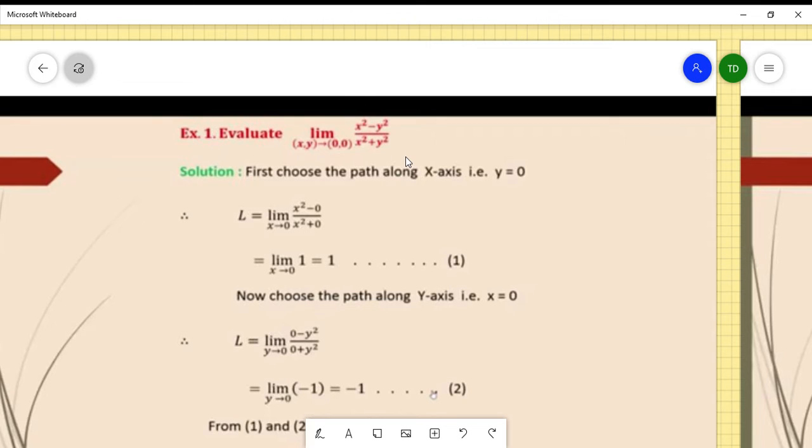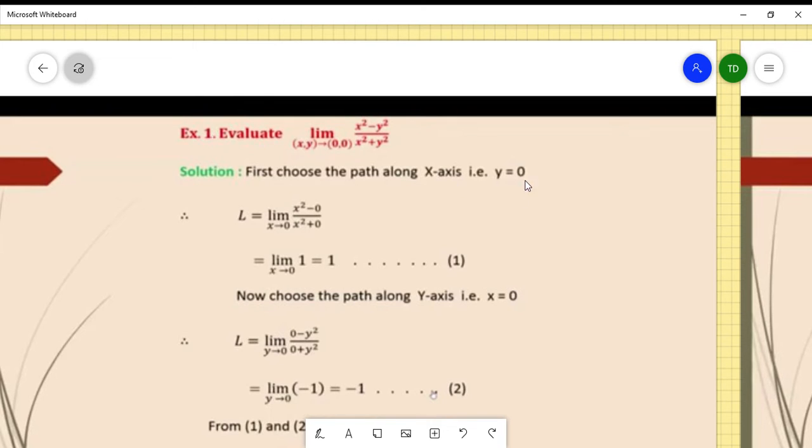Whenever we are handling such functions, we have to talk about the neighborhood of the ordered pair (0, 0), which contains so many points, and we have to deal with those points. So we choose some paths passing through the given point. Here the point is (0, 0), so we are first choosing the path along the x-axis.